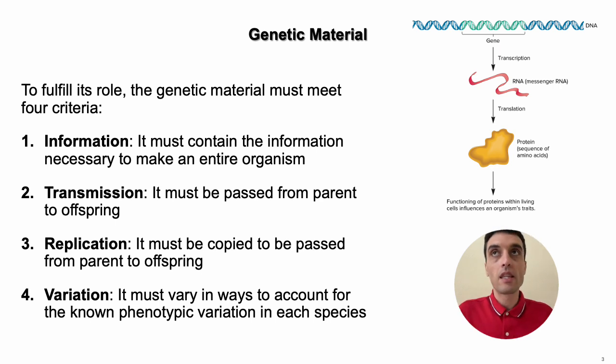And lastly, when we pass from parents to offspring, this genetic information has to have enough variation that this new organism is different enough that it might have some traits that come in handy in certain variations of its habitat, and might have some traits that make this organism less viable if there is any change of the habitat.